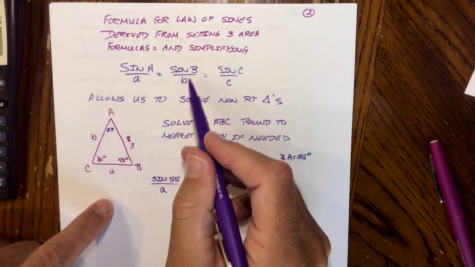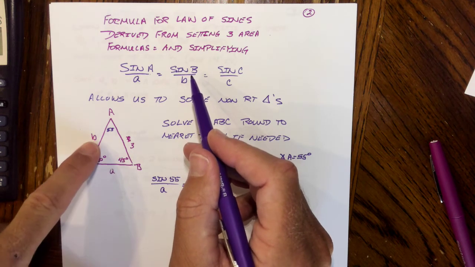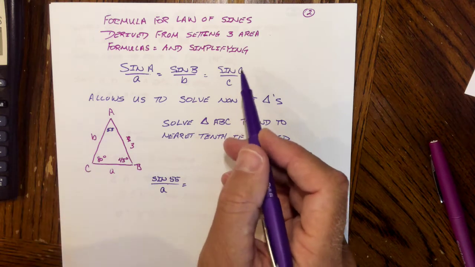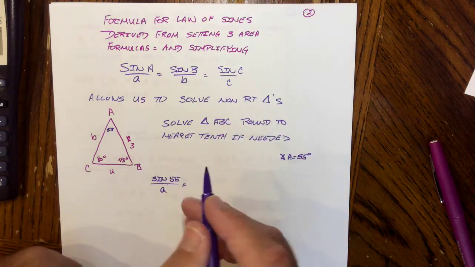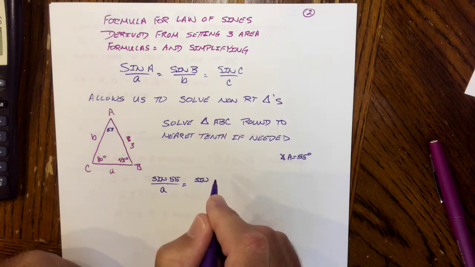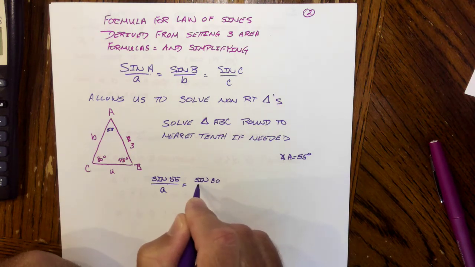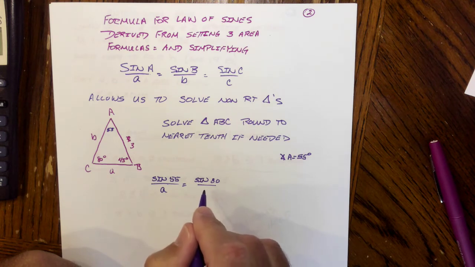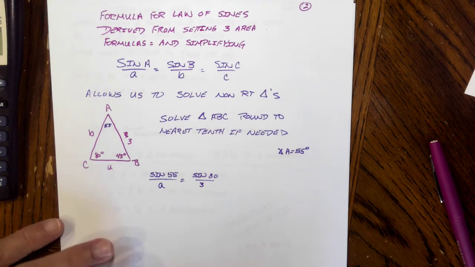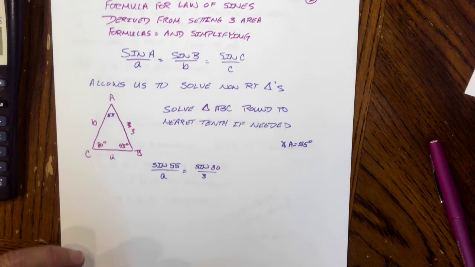I got the angle, but I don't get the side. I do have both parts of this, so this would be kind of what I use throughout the problem in this particular example. So I'll go sine of 80 over 3. Well, through the magic of proportions, I'm going to not round anything. I'm going to set this thing up so I can have exactness.